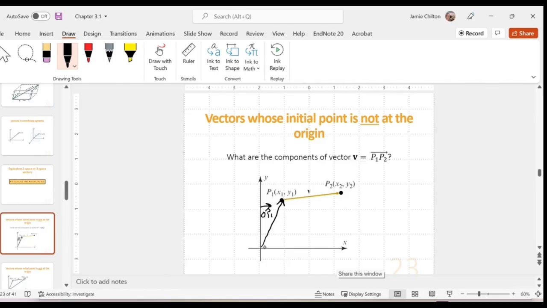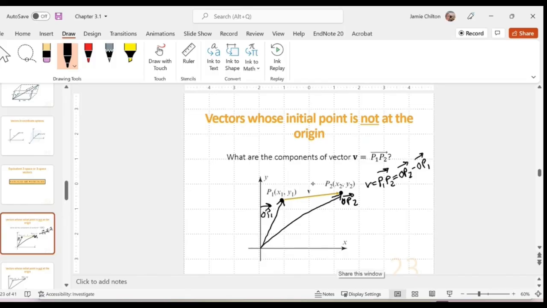Then you might characterize our vector V with another vector called OP2. You'll notice that V is going to be between those 2 vectors. So we could say that V equals P1P2, and that's going to equal OP2 minus OP1.